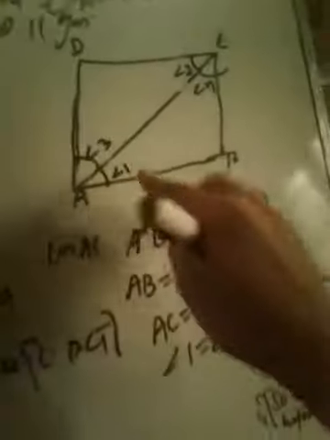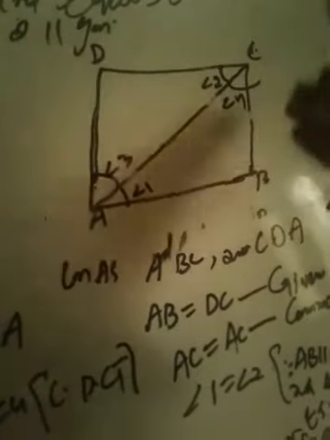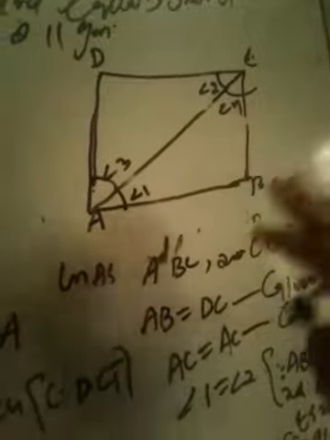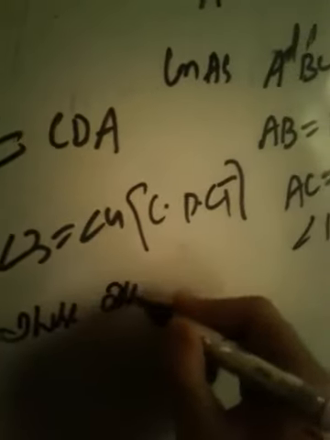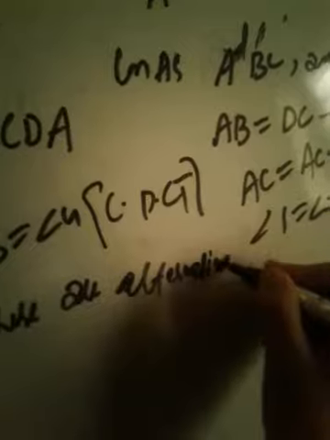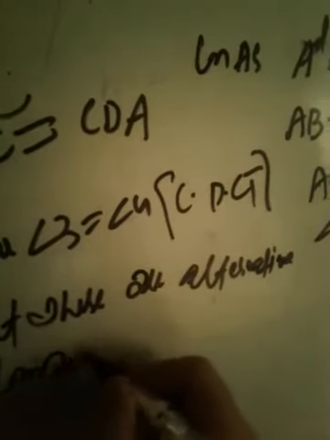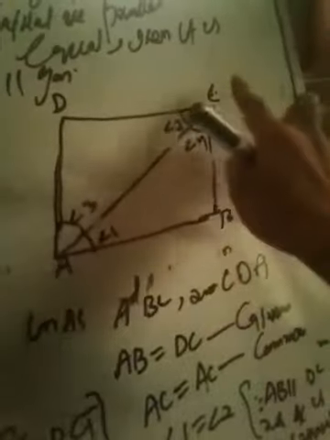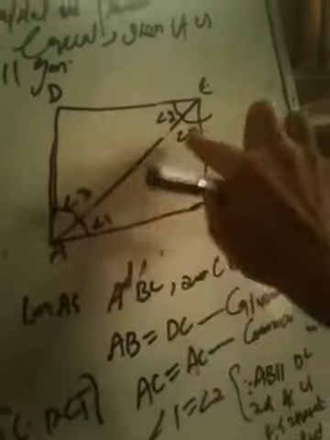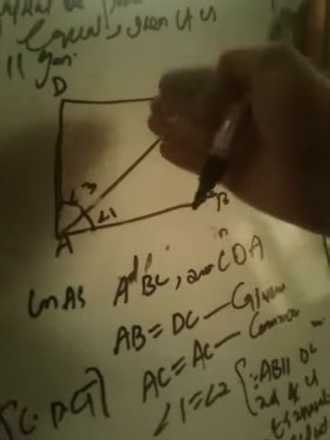Now we will see what type of angles these are. These are alternate interior angles. When alternate interior angles are equal, lines are parallel. If we consider AD and BC with AC as transversal, this angle and this angle are alternate interior angles.